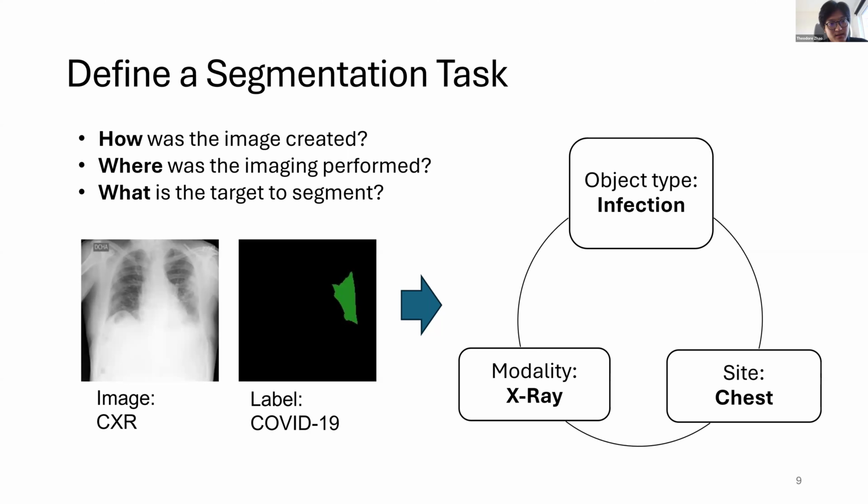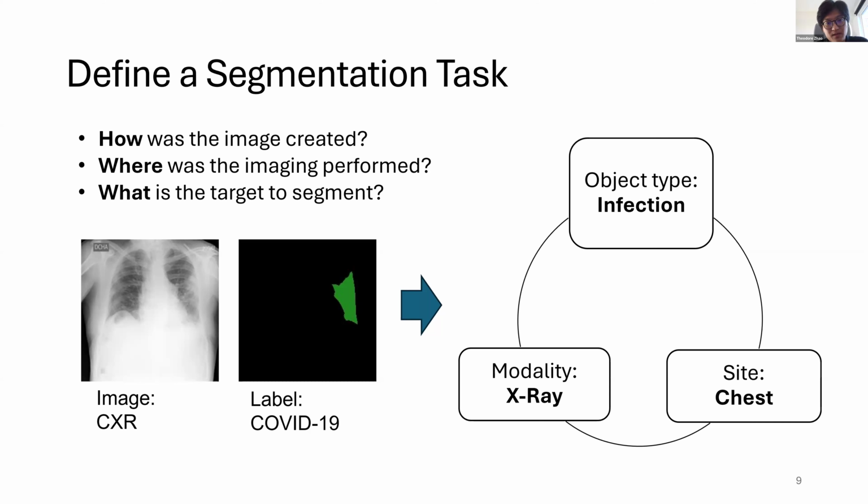Are you segmenting infected regions or certain types of organs? And this is actually the key, because in the same image, what we want to achieve is that when you prompt the model in different ways, the model should know to go to different parts of the image. And with these three components, we can almost uniquely define a segmentation task.